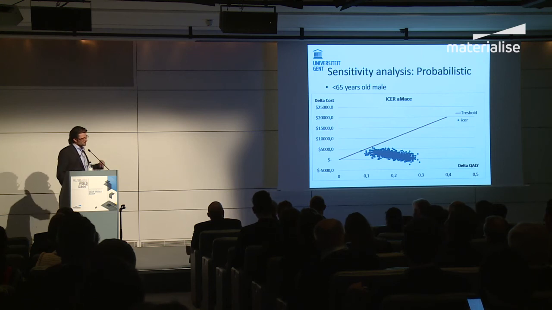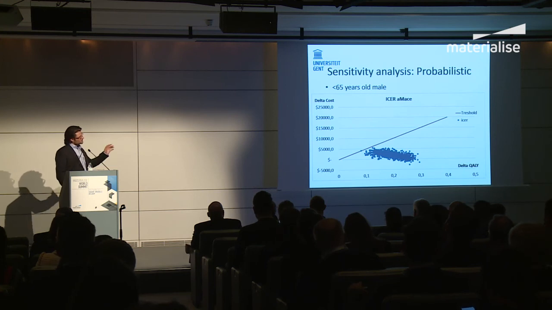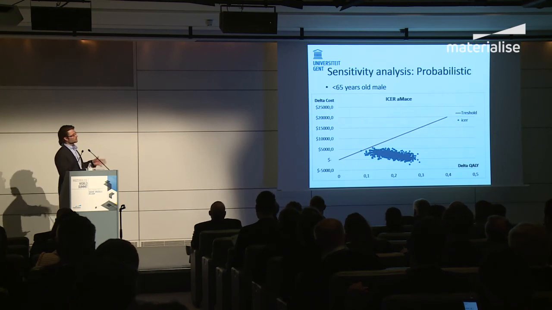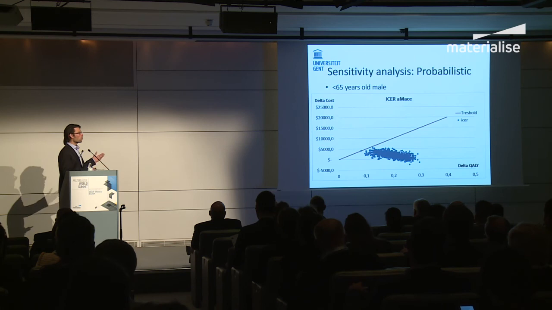When we run that, like in a Monte Carlo simulation, over 10,000 iterations, we have the kind of plot you can find here. In that plot, we also add the threshold, and we can find that only 1 out of 10,000 iterations is flirting with the line of the threshold.